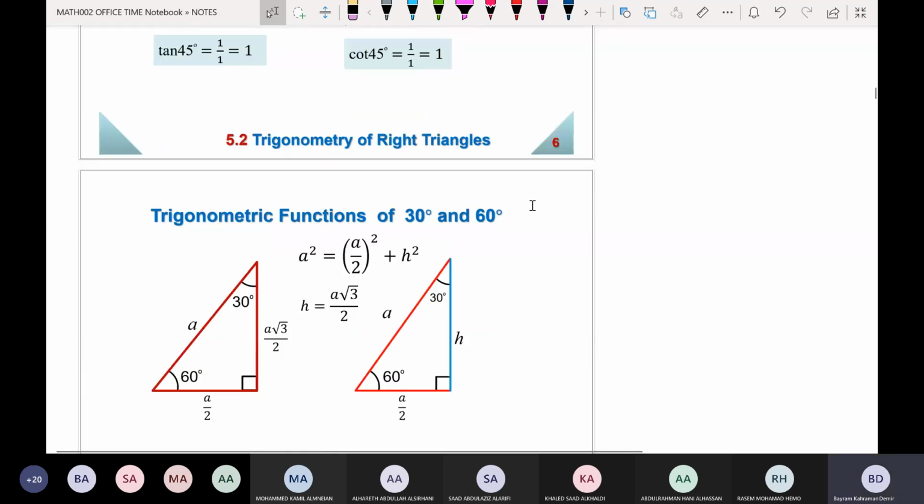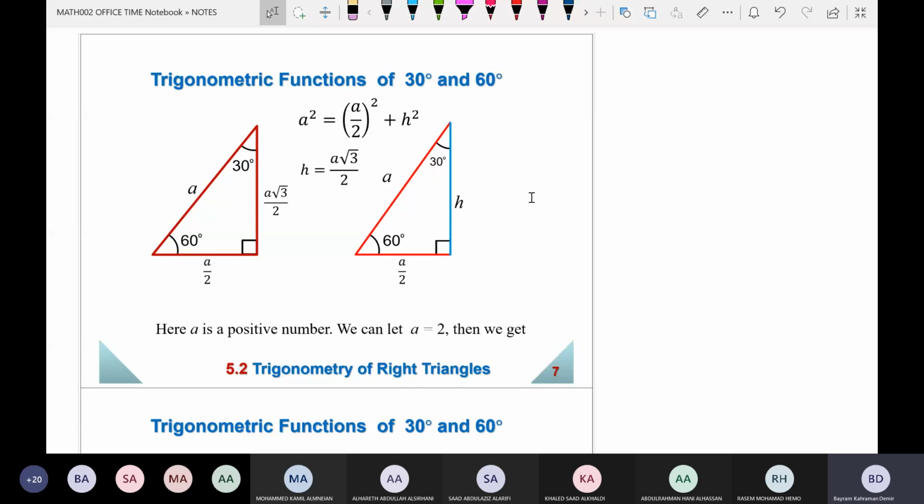Okay. For the trigonometric functions of 30 degrees and 60 degrees, Shabab, let's imagine we have, I should draw the other half of the triangle here maybe.